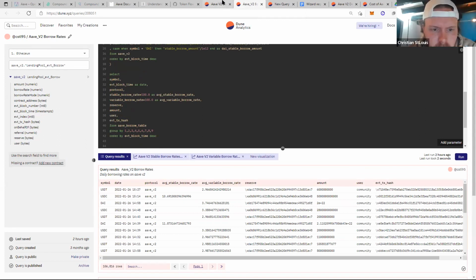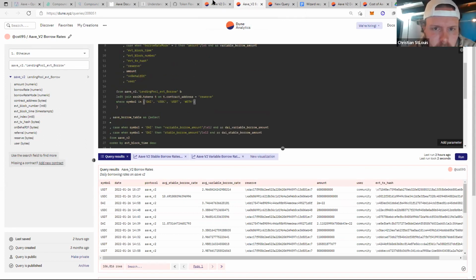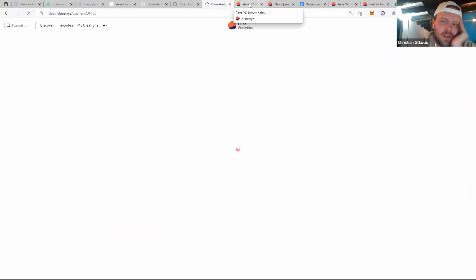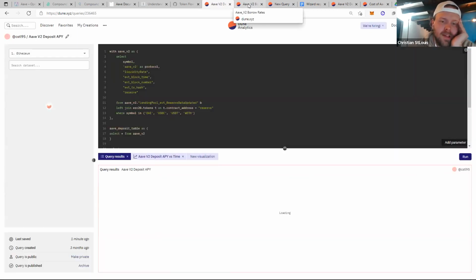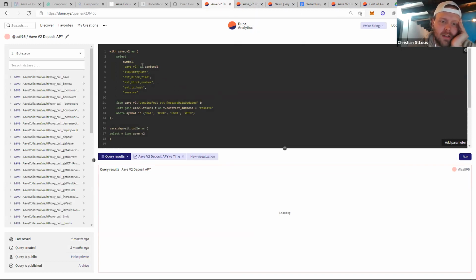Yeah, that's true. But I think the way that I'm querying this is basically just checking at every block number. And that's it. It's a simple query. It's not saying anytime that there's a change, then show the data, you know?